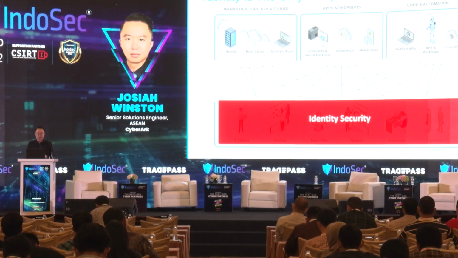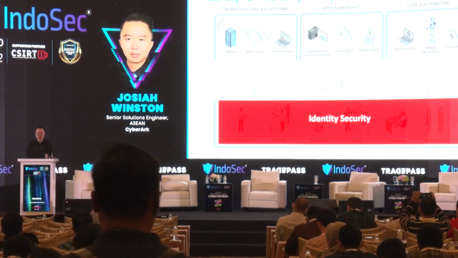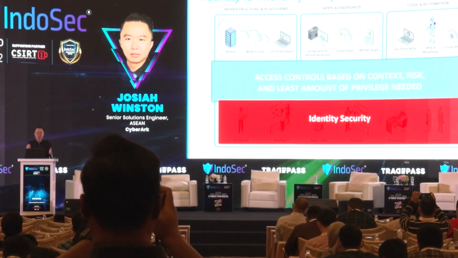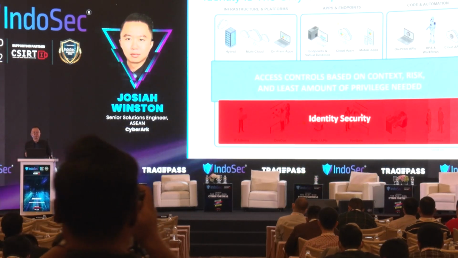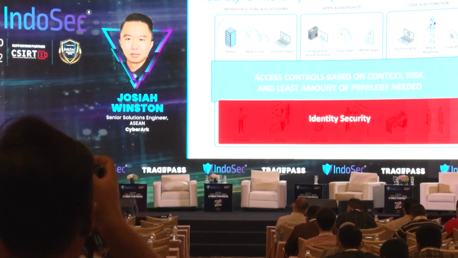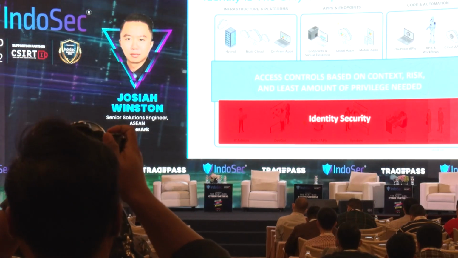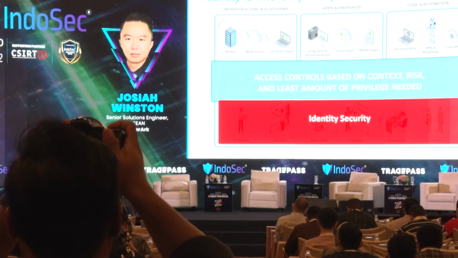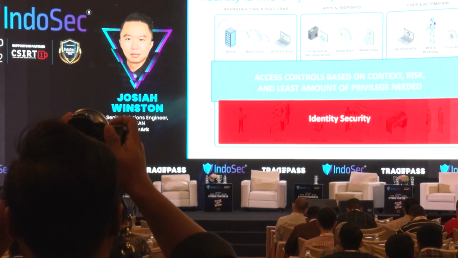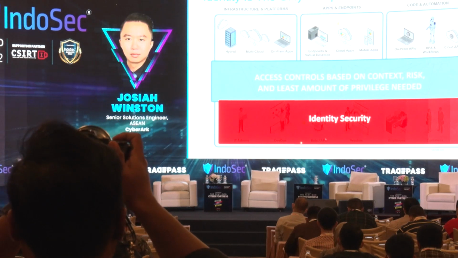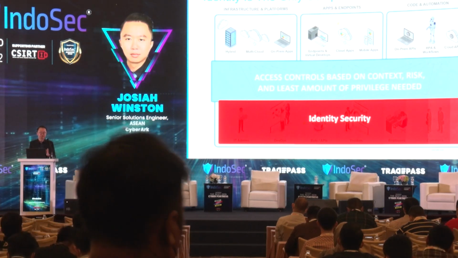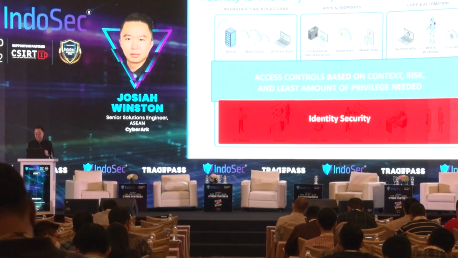Control how users can access which resources, at what time and for what purpose. Control the type of permissions that these identities actually require. And this is all the concept of least privilege: having the right amount of privilege they need to accomplish their task, nothing more and nothing less.